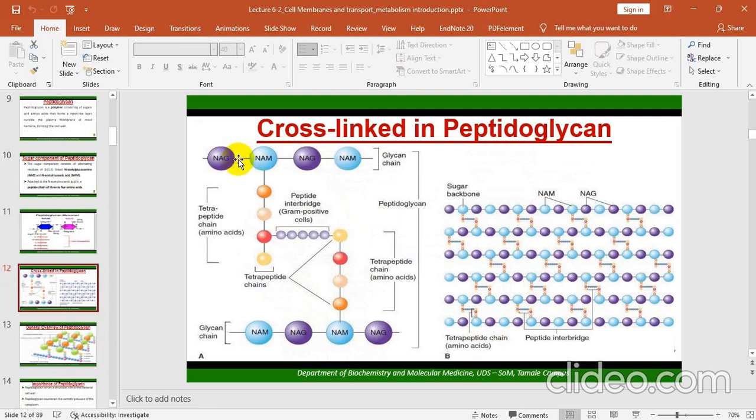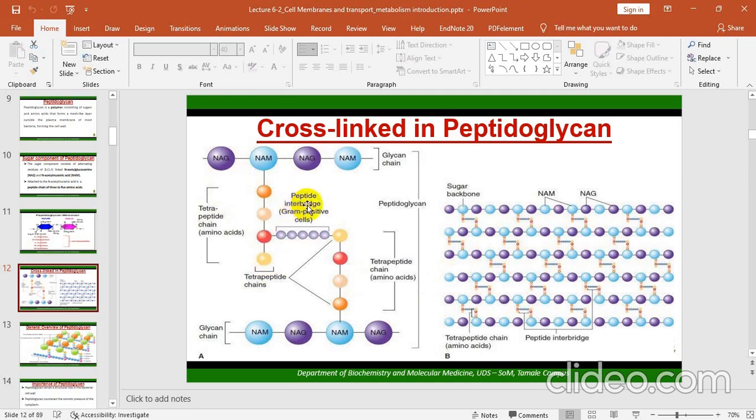So the N-acetylglucosamine and the N-acetylmuramic acid form a meshwork like this, with the adjoining tetrapeptide chain, which is bonded to the N-acetylmuramic acid. So you can see the tetrapeptide amino acids. 4 amino acids is called tetrapeptide.